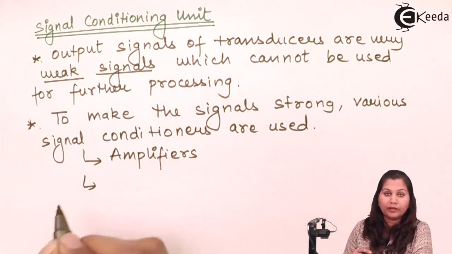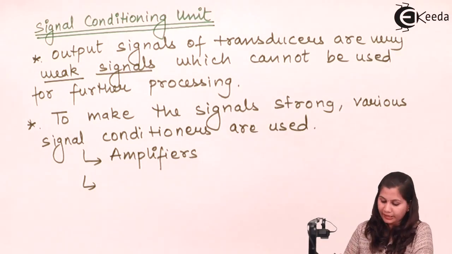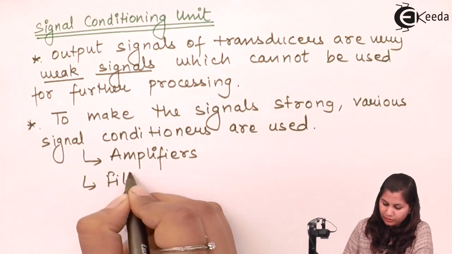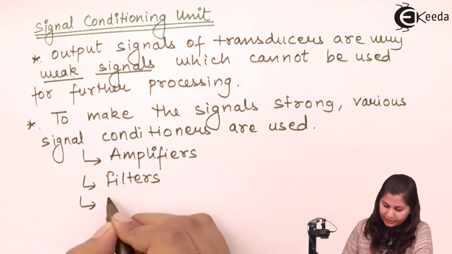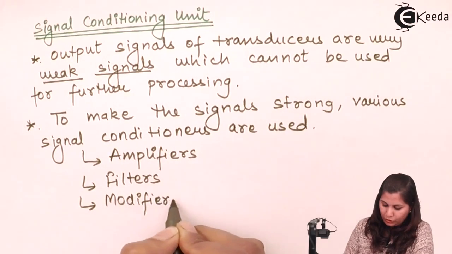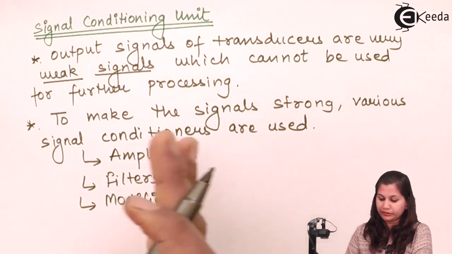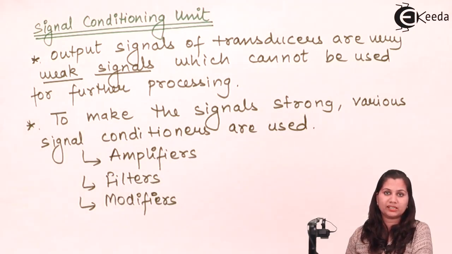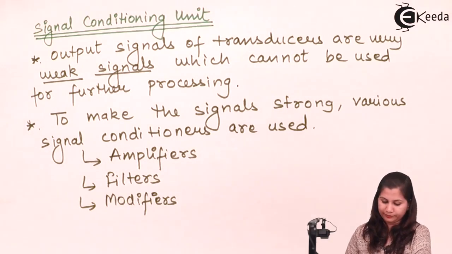If we want to filter the signal, meaning remove the noise, then filters are used. If we want to modify the signal, then modifiers are used. So depending upon what type of signal we want for the other stages, the processing over the signal is done.